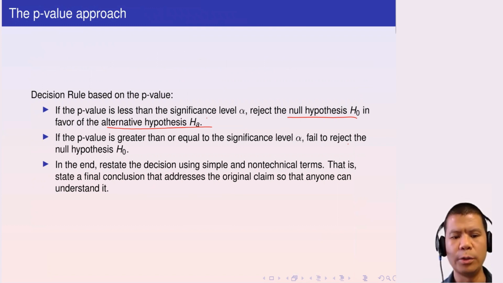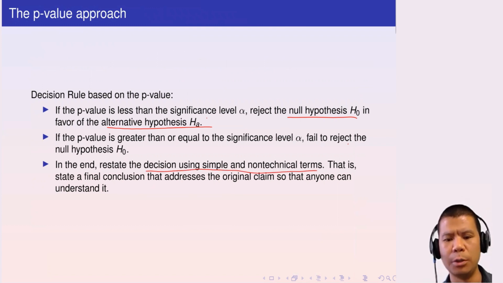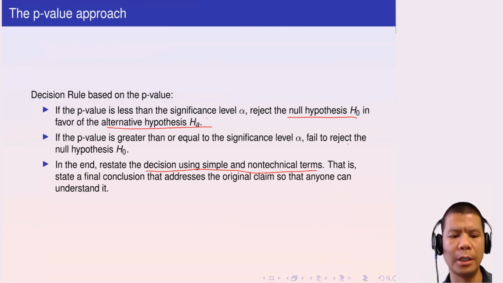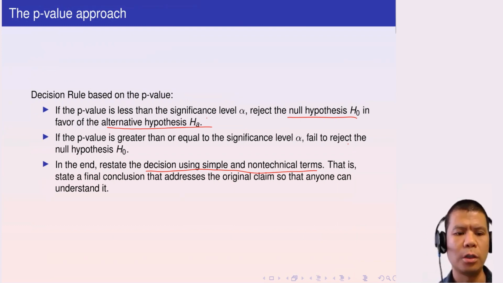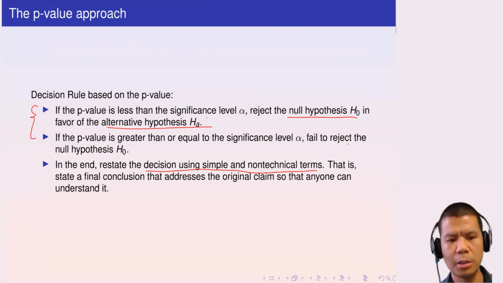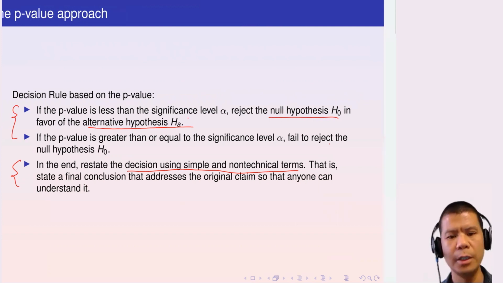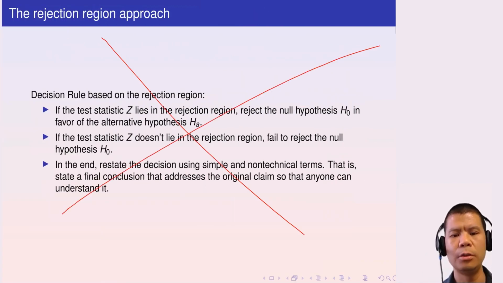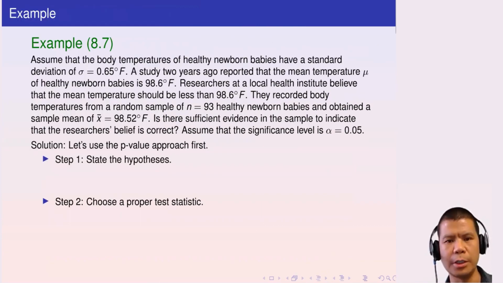In the end, restate the decision using simple and non-technical terms. That is, state a final conclusion that addresses the original claim so that anyone can understand it. So there is a statistical conclusion, and the last one is a non-statistical conclusion. The rejection region I'm going to skip here. Okay, now let's consider this example.